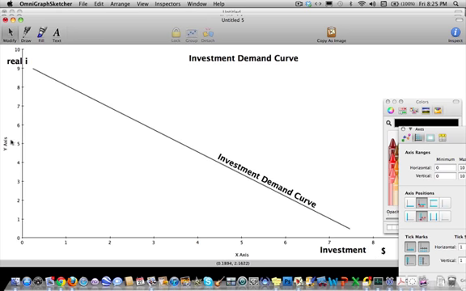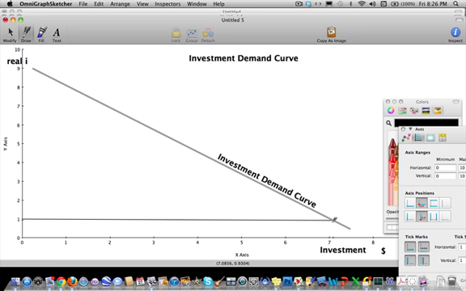Again, the reason it's downward sloping is because if the real interest rate is very low, it's much easier to find expected rates of return that are higher. For example, if it's 1%, it's very easy for firms to find machinery they can buy and get an expected rate of return that is higher than 1%, and therefore businesses will end up buying many machines. That's why you're seeing that at 1% investment in machinery is very high.